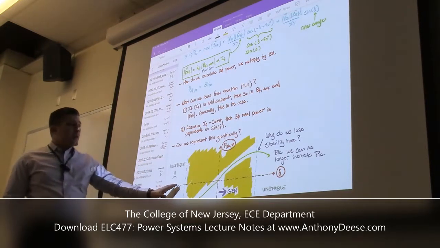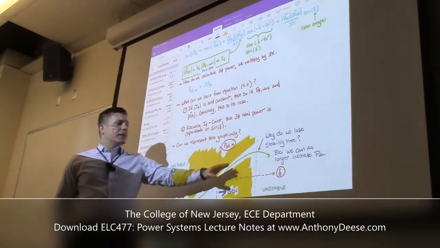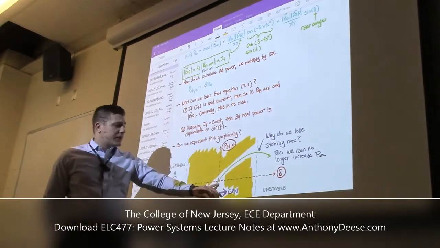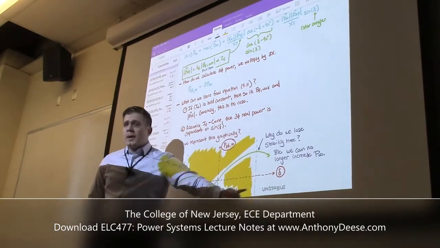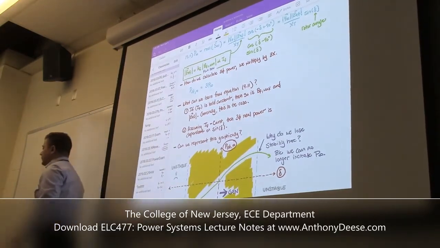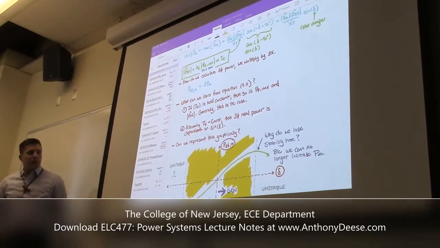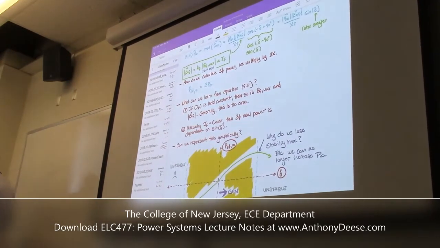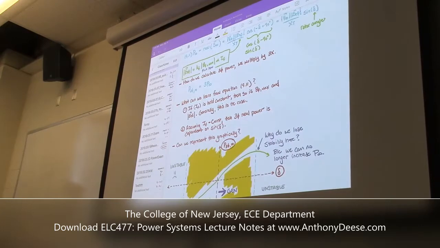And we were also able to see how that affected stability. For this idealized case, we have stable operation up until delta equals 90 degrees. After that point, we reach an instability.